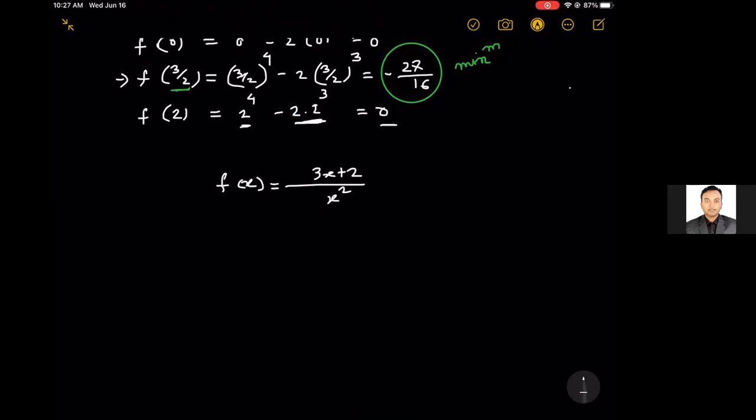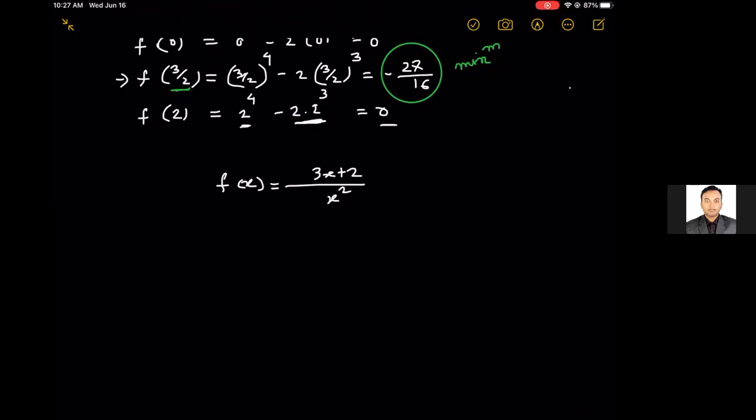We want to find the critical points from this. Again, the first job in our hands is to find the first derivative. Now a quick question: what should we do to find the derivative of this fraction?